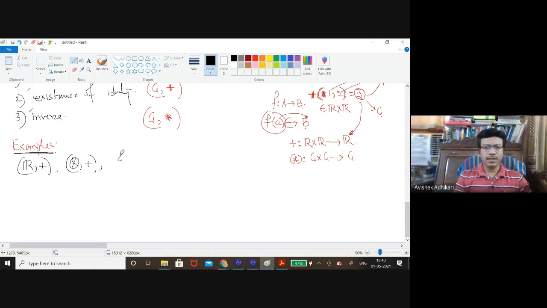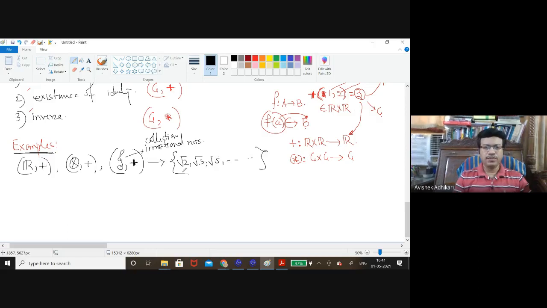Now if I consider the set of all irrational numbers with respect to addition, will that be a group? Here the set of irrational numbers is denoted by I. So this is the collection of all irrational numbers, for example root 2, root 3, root 5 and so on. Will that be a group with respect to addition?